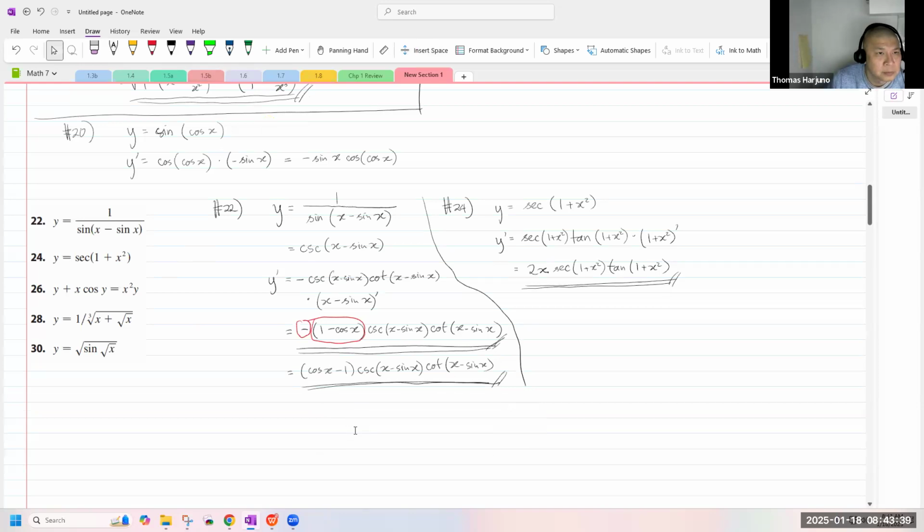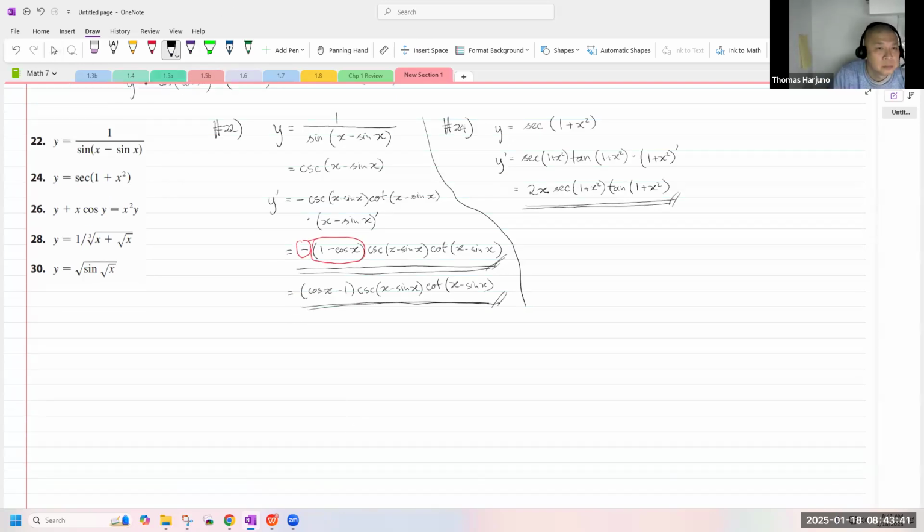Because they get mixed up. So number 26, y plus x cosine y equals x squared y. We do implicit differentiation with respect to x. So this will be y prime plus cosine y plus x times negative sine y times y prime.